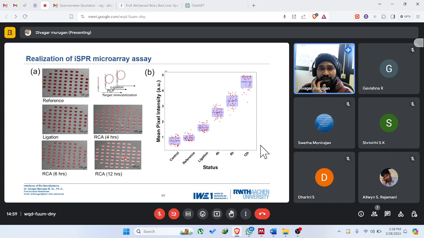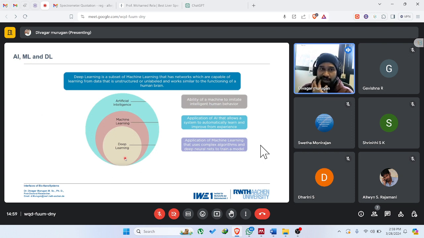So to give a brief on the machine learning and the artificial intelligence that we can employ here. Artificial intelligence is a bigger platform that transfers the intelligence of a human to a machine. That's how artificial intelligence works.